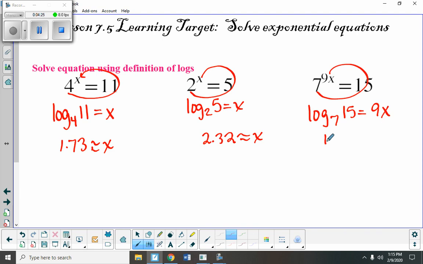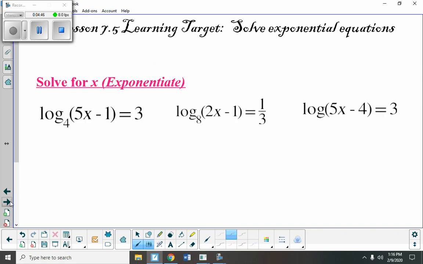And that gives you 1.39, and that equals 9x. And then lastly, to solve for x, we have to divide both sides by 9. And that gives you about 1.155. So that is using the definition.